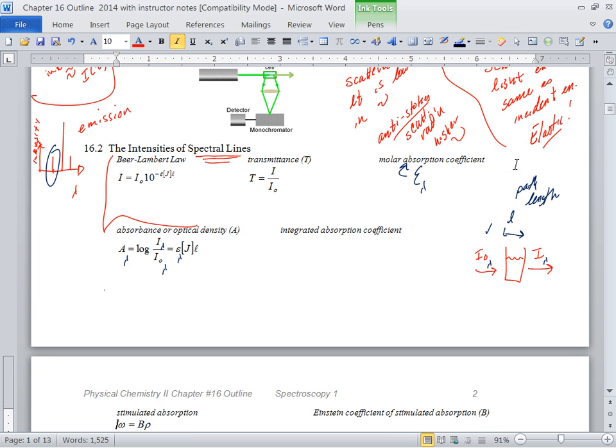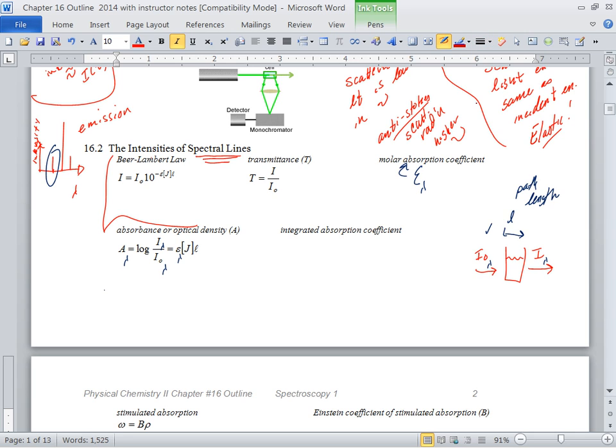Now they're talking about gases. That's the only thing that can generate spectral lines. And they kind of look like what we have drawn there. And they introduced the incident intensity, right?